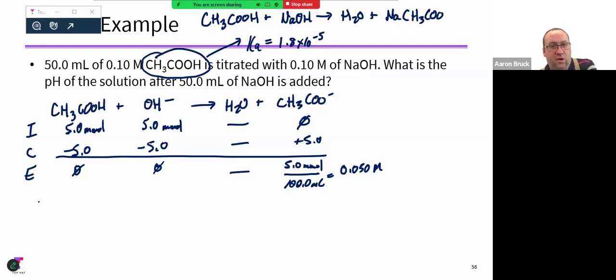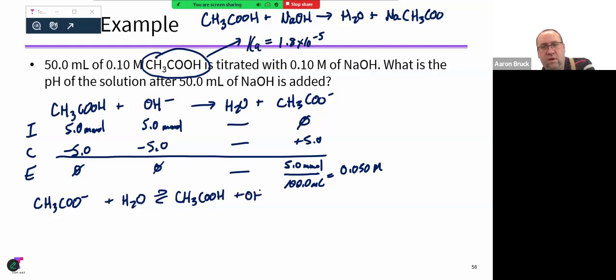So knowing that we have acetate ion, it's going to react with water in an equilibrium kind of way and produce hydroxide. We've got to set up our second ice table here. 0.050 molar is the concentration.